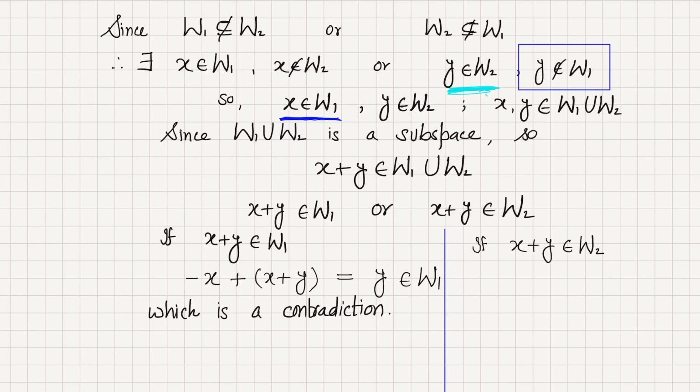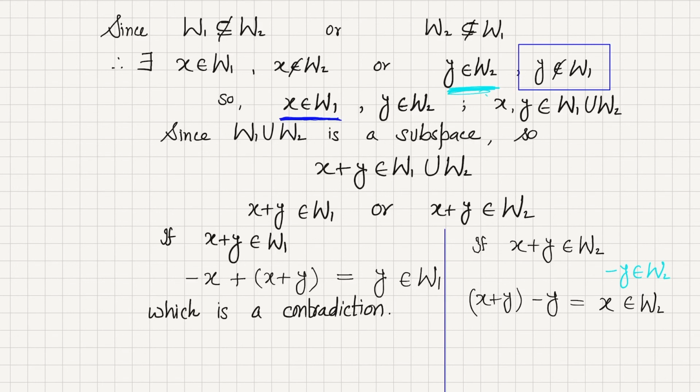So we have x plus y in W2 and minus y in W2, and W2 is closed with respect to addition. Adding these two elements, we get x, and this must be in W2.